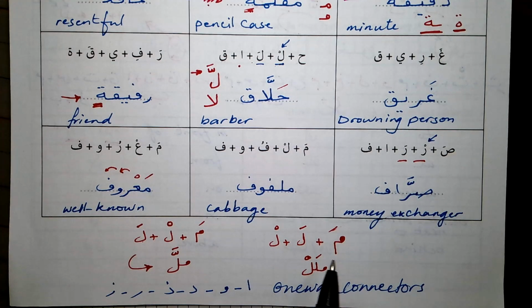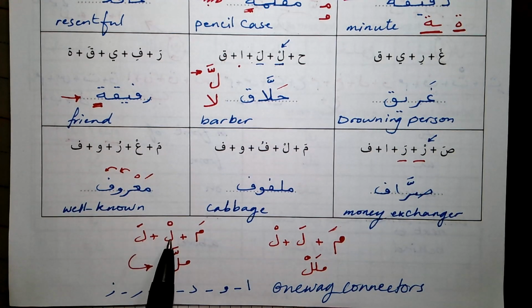This word is read as malal. We have to pronounce both lams. Malal. In the second example, we combine both lams into one and we add shadda. Malla. See the difference? Malla.